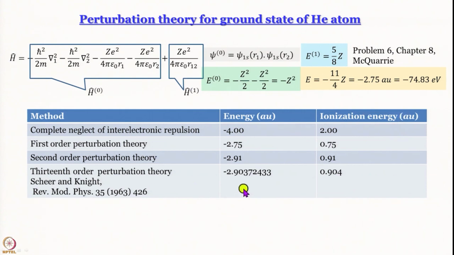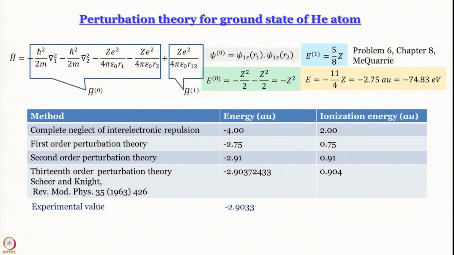We get minus 2.9037243. What is the experimental value? Minus 2.9033. So, the difference between the experimental value and the calculation involving a 13th order perturbation is in the 4th decimal place.